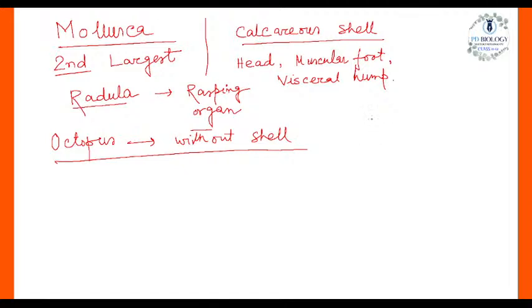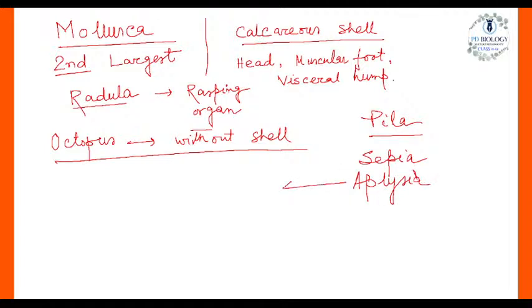In this group, the Pila globosa, sepia, aplysia. This aplysia is commonly called sea hare.